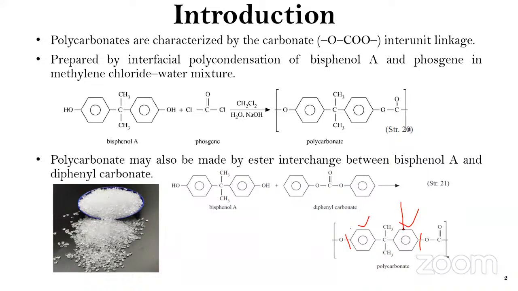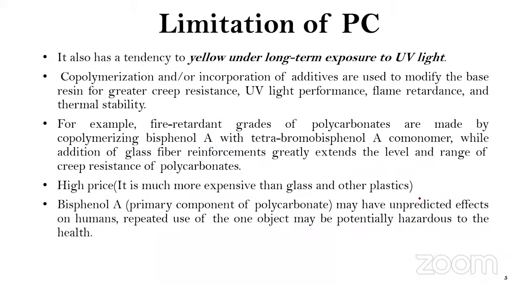So when they come in contact with UV rays, or with sunlight that contains UV rays, there might be chances your polycarbonate can be degraded, and it turns yellow with long-term exposure to UV light.